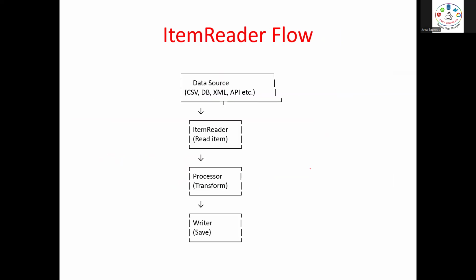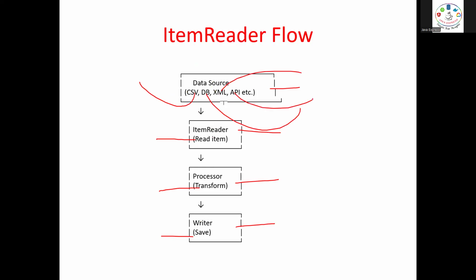In terms of a diagrammatic approach, for your understanding, this is your data source, item reader, processor, item writer. Read the item, transform the data and save the data. The input can be a CSV file, a database, XML, or an API. It can be anything.